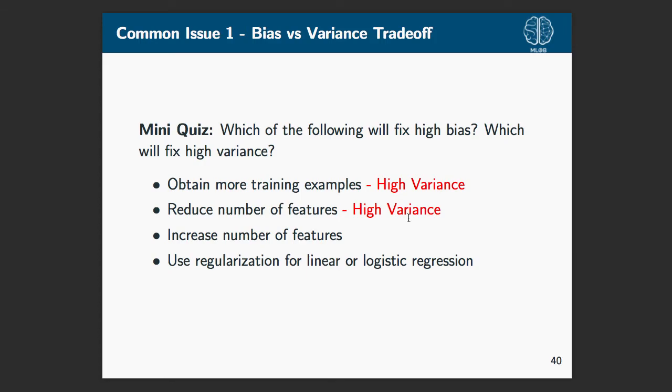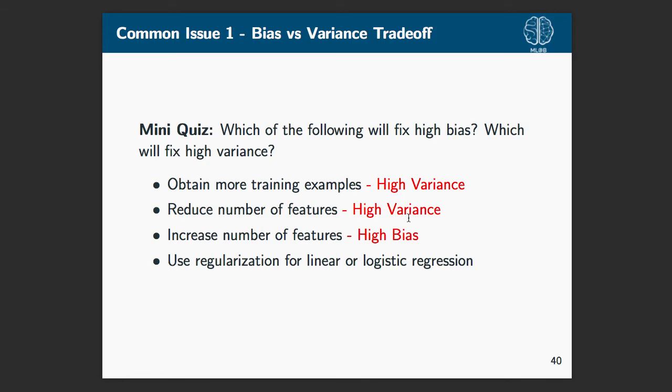What if you increase the number of features? Would that fix a high bias or variance problem? It's basically the opposite of the last one. Yeah, high bias. And do you want to explain why? Yeah, so if you increase the number of features, then you can fit to more aspects of the data.